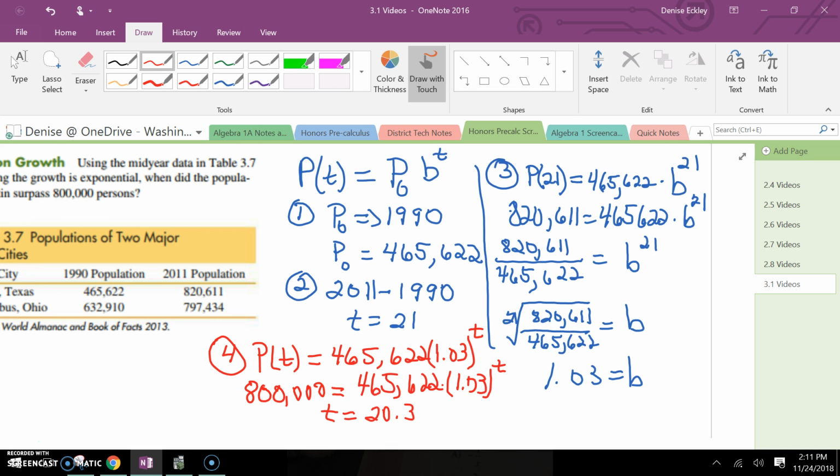So it was during the year, we'll take 1990 plus 20, and we get the answer, which is 2010. That the population of Austin exceeded or surpassed 800,000 persons.